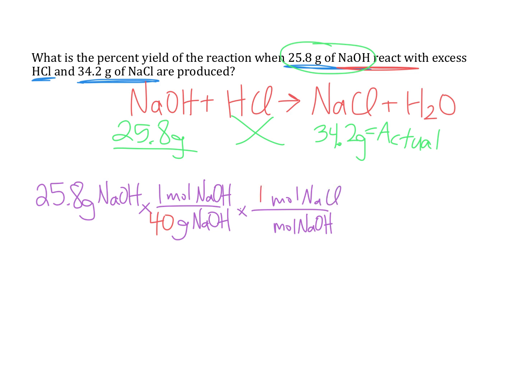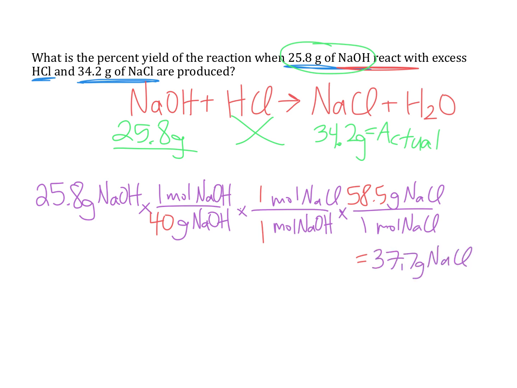Here it's just 1 to 1, and it feels like this step is unnecessary, but you always want to include it, so you're making sure you're paying attention to that mole ratio. And then finally, moles of NaCl to turn into grams of NaCl. That's 23 for a sodium plus 35.5 for a chlorine is 58.5 grams for the molar mass of NaCl. So I'll take my 25.8 divided by my 40 times 58.5, and I ended up with 37.7 grams of NaCl.